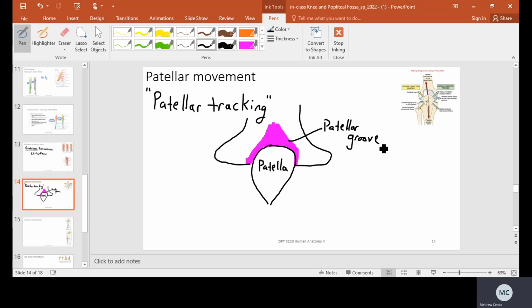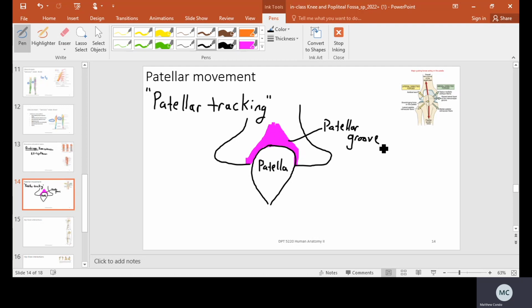Actually, that's not a bad point, because what do all total knee patients have? Don't they have a big incision on their skin? Yeah, they have a big old incision on their skin. So would the big old incision on the skin potentially change the patellar tracking?